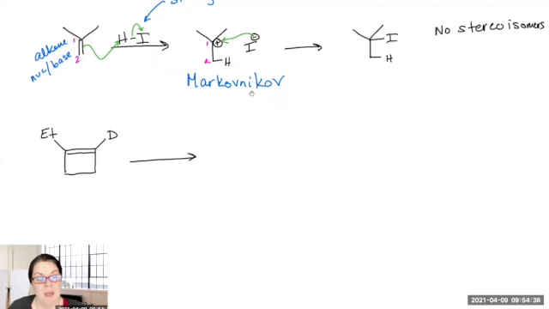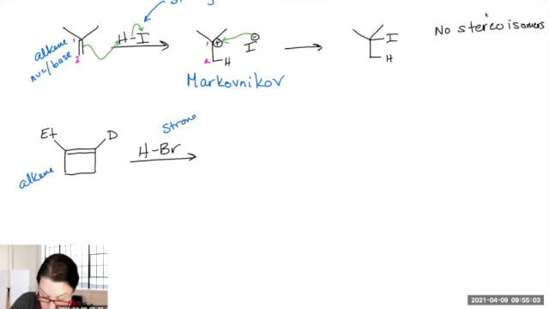So we have an alkene and we're going to react it with HBr. Okay. So what do we have? We have an alkene. That's our only reactive functional group. And we have a strong acid.